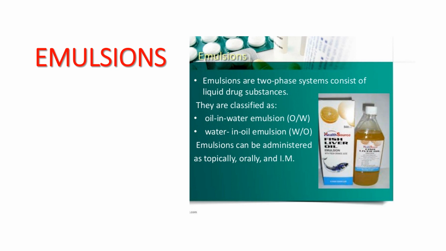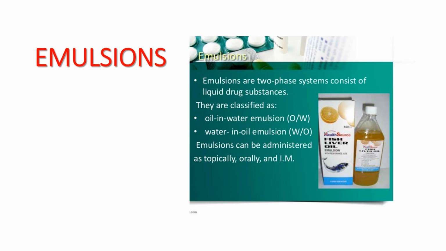Coming to emulsions. Emulsions, as I told you, are two-phase systems which contain liquid drug substances. They can be oil in water emulsions or water in oil emulsions. Usually they are administered by topical, oral and intramuscular routes.